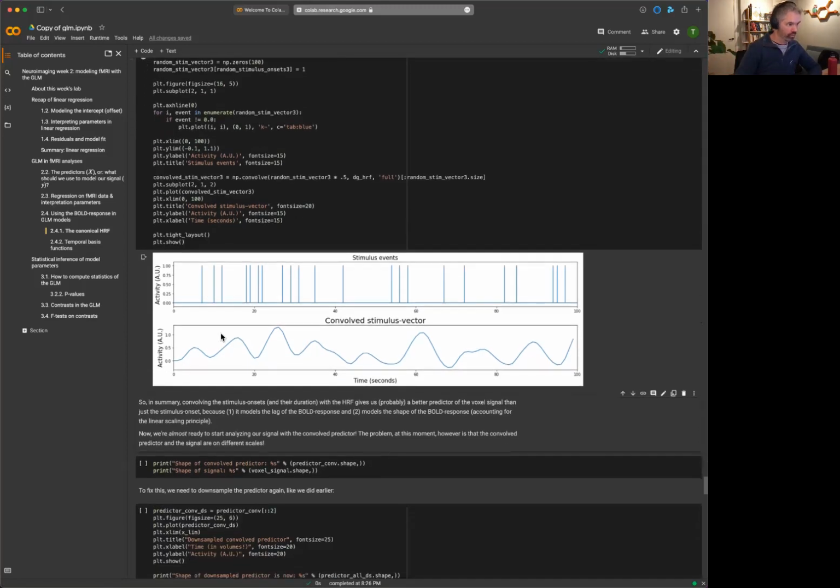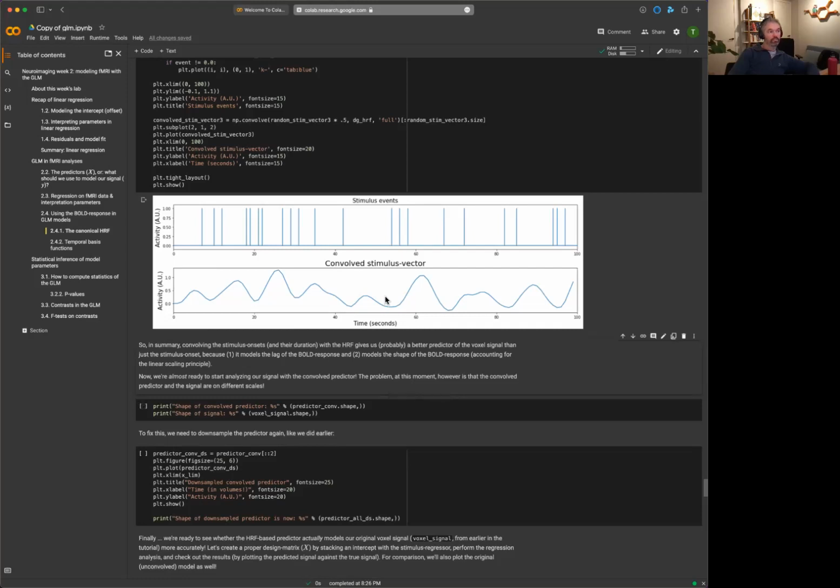And what you end up with is a very smoothly varying version of that time course, right? So it's very hard to distinguish these events happening here. But knowing when these events happen gives us a way of constructing a model time course that we can then regress onto the data.